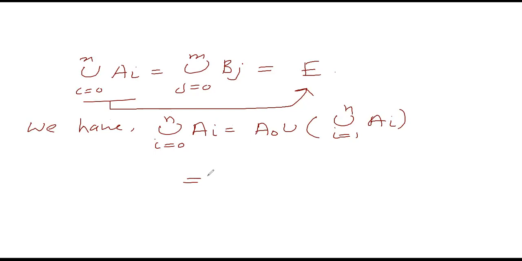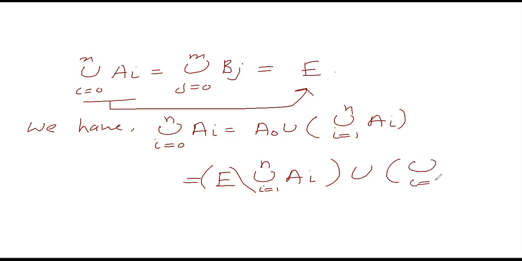By definition, A naught is equal to E minus the union over i from 1 to n of Ai. So first I am removing this union from the set E, then again I am adding this union. So it's equal to E. Similarly, the union over j from 0 to m of Bj is equal to E.